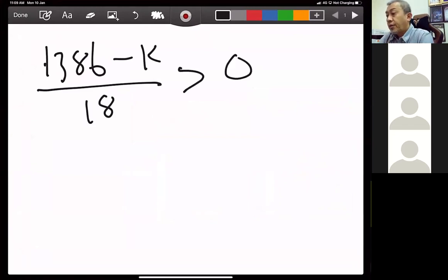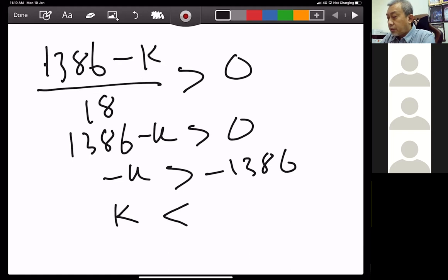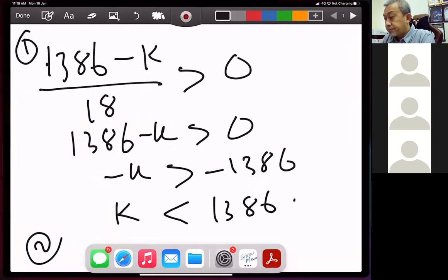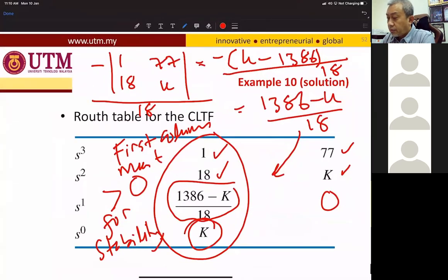This becomes 1386 minus K greater than 0, so minus K greater than minus 1386, then with the opposite sign, K is less than 1386. This is number 1. Number 2 is this one: K is greater than 0.